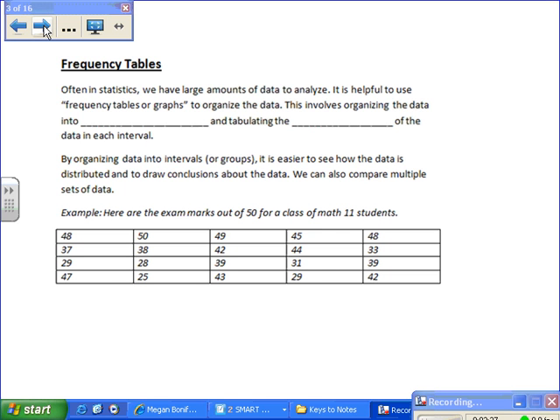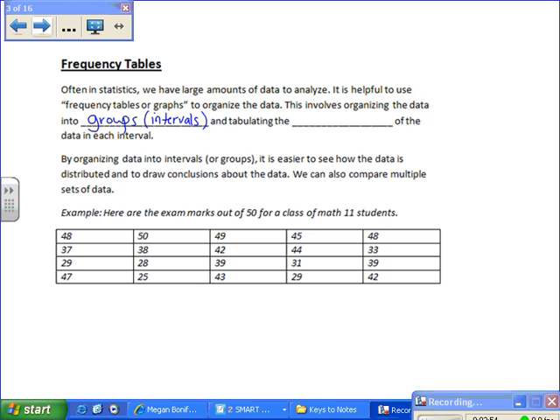So what we do in statistics, if we have lots of data, is we organize the data into groups. And by groups, another word for that is intervals. Okay, so a group of data would be, for example, a bunch of data values that are very close in value. We could put them together into a group.